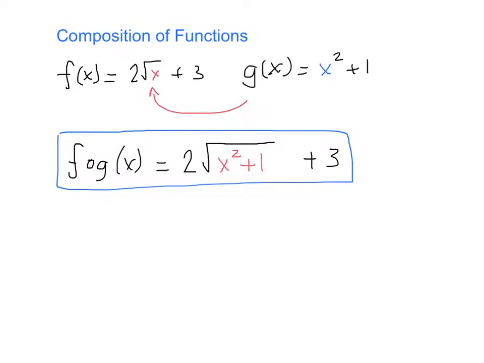Now, going the other way, if you want to do G circle F, we're going to take the entire f function and put it where the x is in the g function.